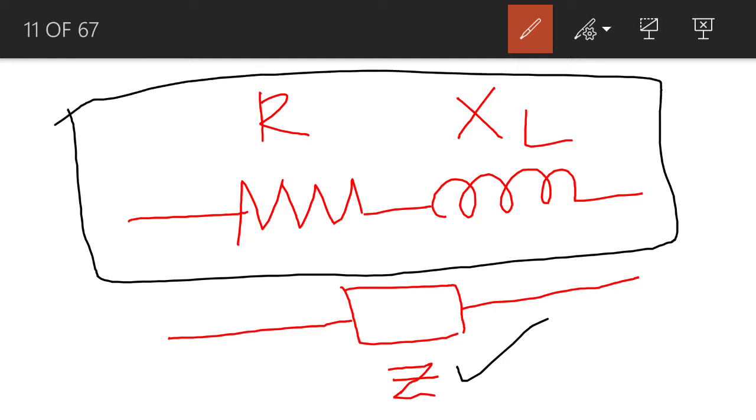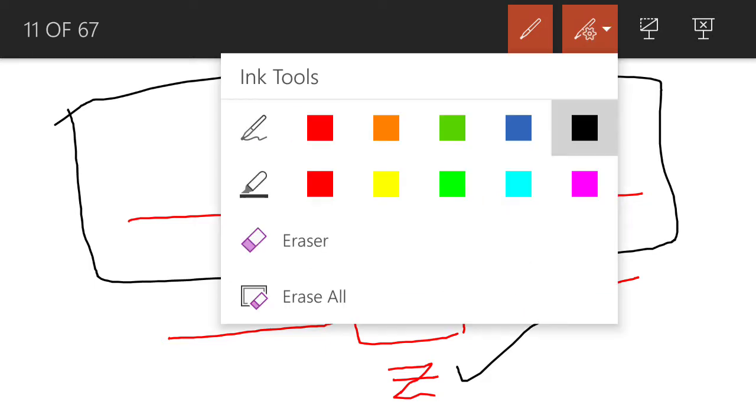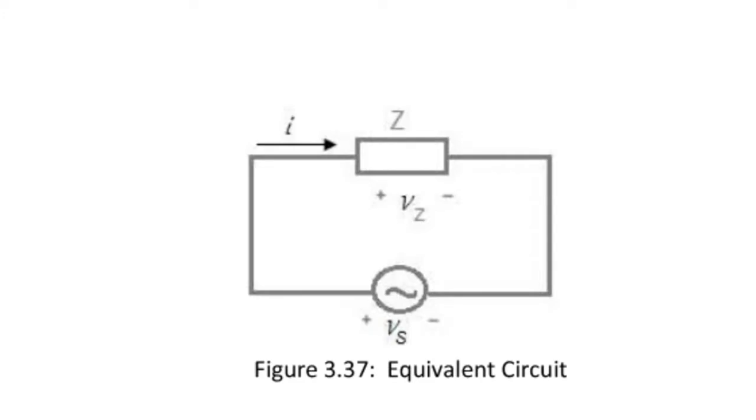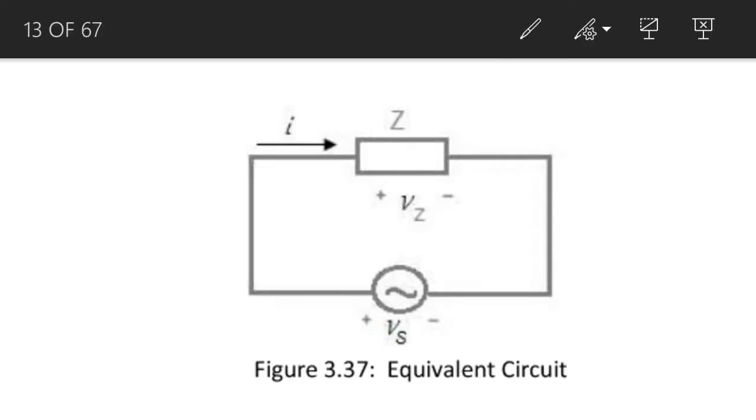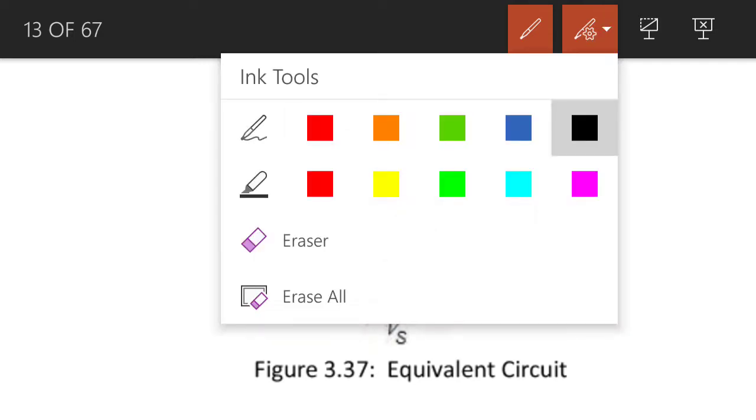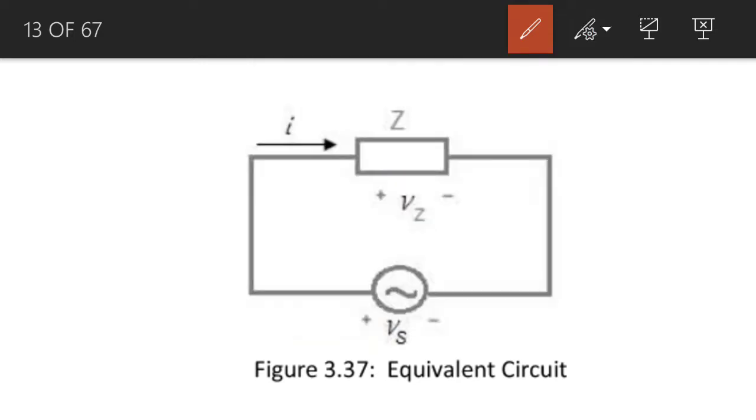So what we do, we replace the series combination of the resistor and inductor in this particular circuit by a single circuit element which is represented by a box, and we assume that the impedance or the resistance of this single circuit element is equal to the total resistance of our original series circuit, right?